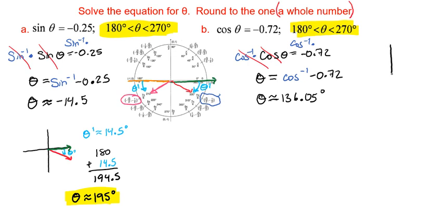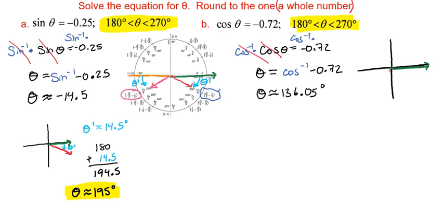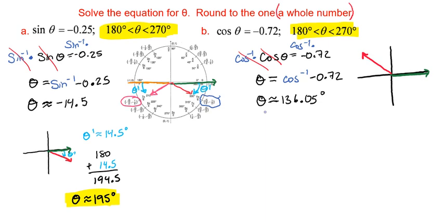So if we take a look at our graph, we have an initial side here, and a terminal side of 136 degrees. So let's go ahead and say that's our purple. So there is our theta. But again, it's not in the right place. We need it to be in the third quadrant.